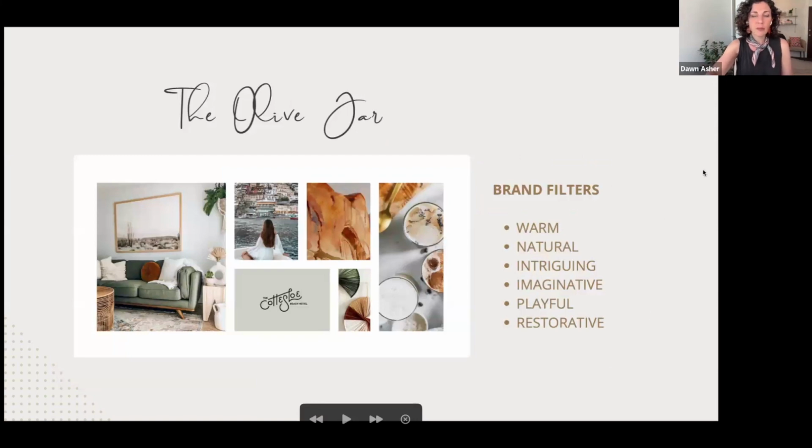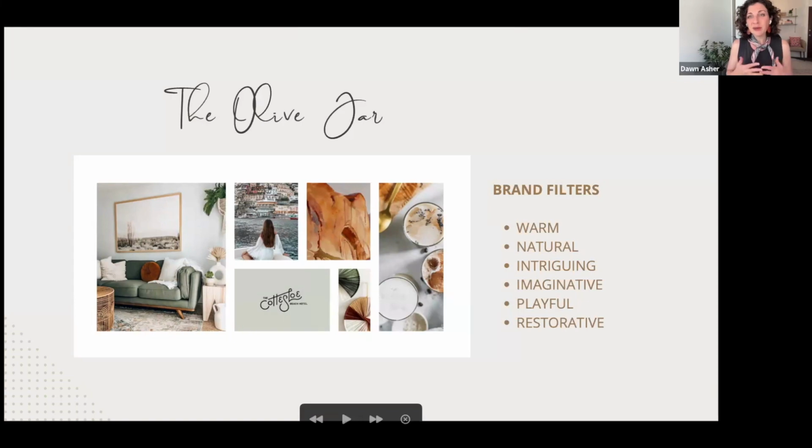So here's an example of what we mean by brand filters. They are the words that will pare down and filter the visuals that you are choosing for your property. And so this is the Olive Jar, just letting you in. This is the Olive Jar brand filters. Our brand filters are warm, natural, intriguing, imaginative, playful, and restorative.